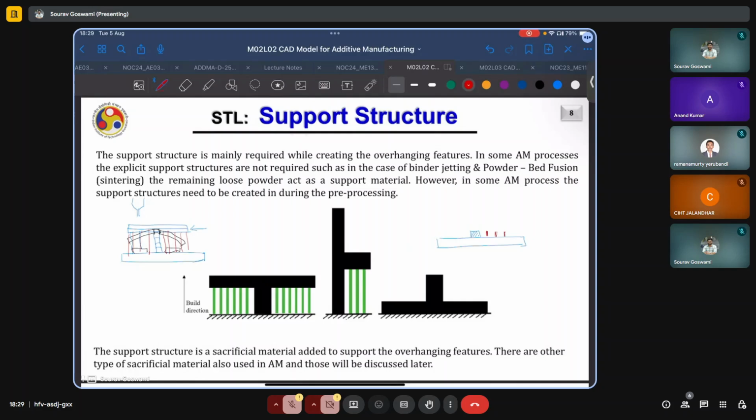And as we discussed, the supports are typically weaker than the actual build material. They may also be built from a different material which is more susceptible to, say, chemical attack or can be broken off more easily. In the case of FDM, it is often broken off just with your hands or with a plier. And so in each layer, we are printing the support structures.